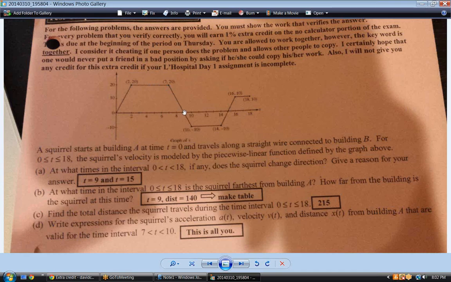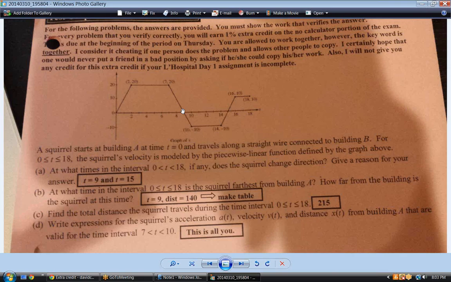So once he gets right there, he's as far away from that building as he's getting, because now in this part, he's going back the other direction. He's going to the left, still going to the left, still going to the left. And the question is, does the area under this part of the curve exceed all of the area that he went to the left? And no, it does not. So he never gets as far away from the building as at that point right there at 9.